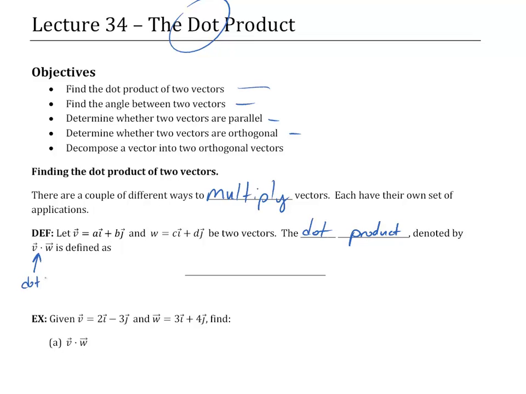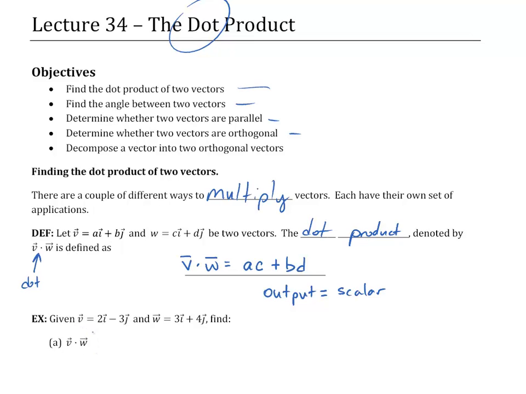That's why it's called the dot product. And it's defined as V dot W = a times c plus b times d. Notice that the output of the dot product is a scalar. You take two vectors and take their dot product, you end up with a scalar value.